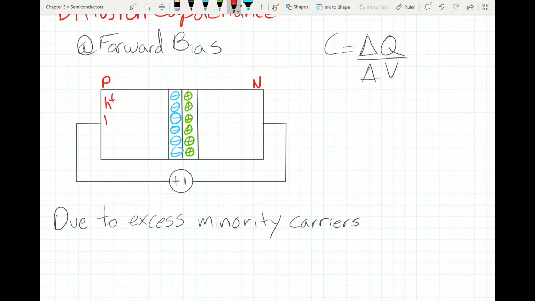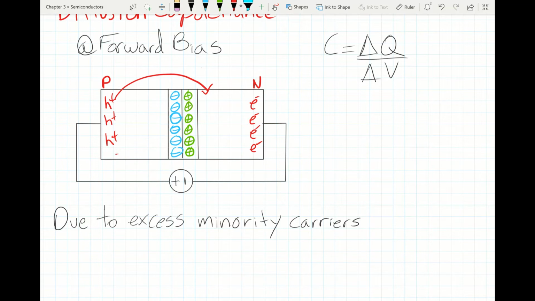You have the majority carrier holes on the P side, and you have your majority carrier electrons here on the N side. And remember that the barrier is small, so they're diffusing from the highly doped side into the lightly doped side. So the holes are diffusing into the N region, and the electrons are diffusing into the P region.